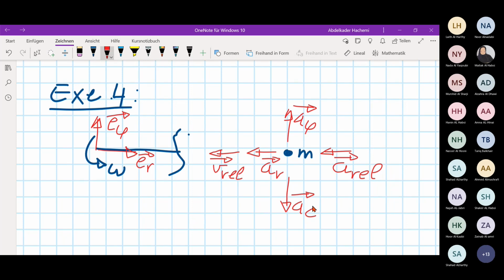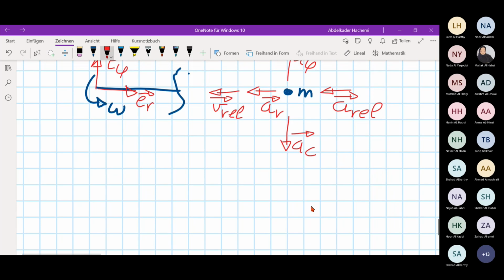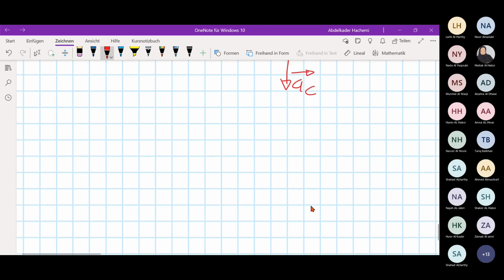Now, if you return back to exercise 2, what we have here is the A relative. AR is only R phi dot square.